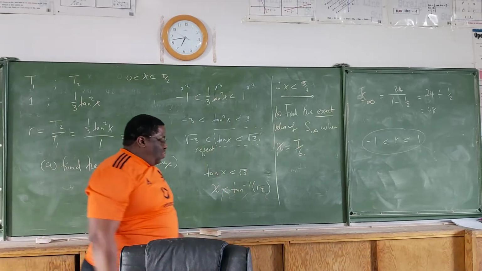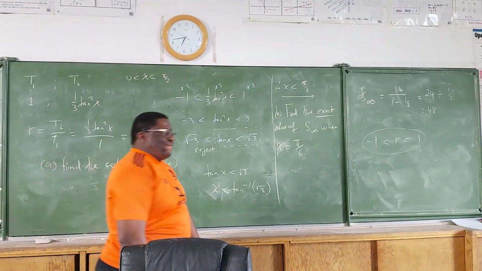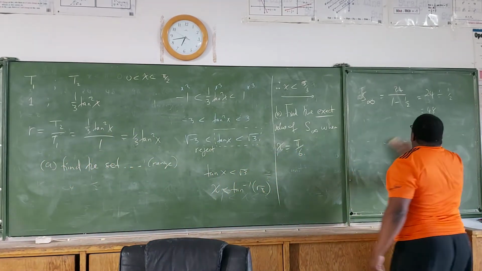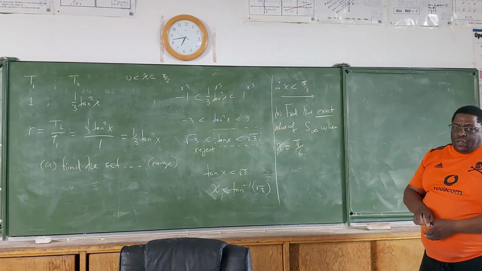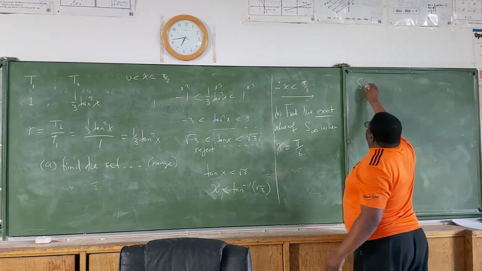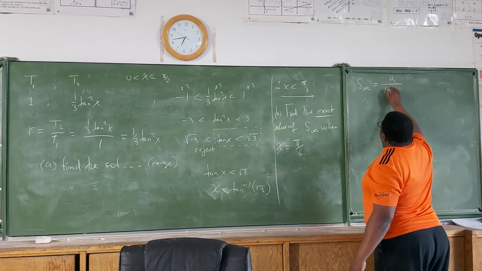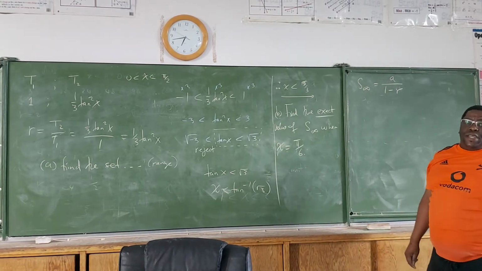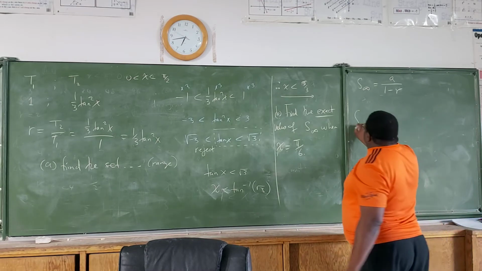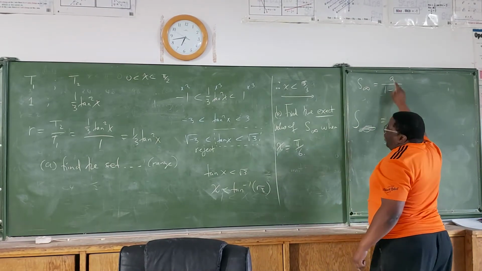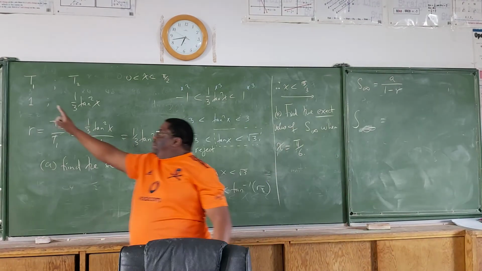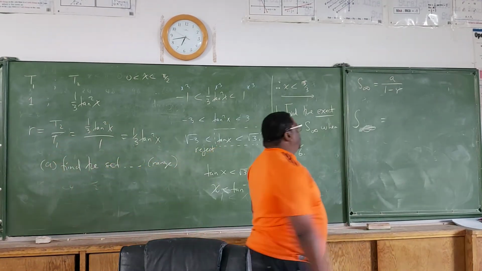Do we know our formula for sum to infinity? Good. Let me first show you how you do that. Our formula is a over 1 minus r. This is the formula of sum to infinity. Our a was, drum roll, 1.